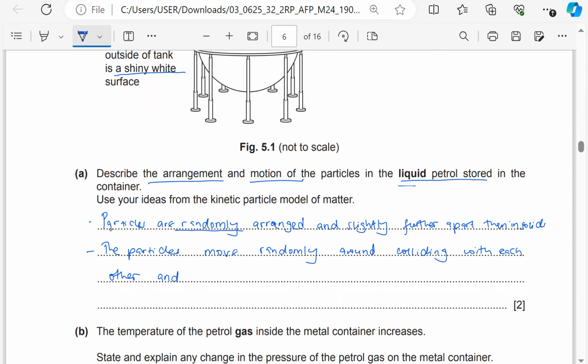So that is the movement. When it comes to motion, the particles move randomly around, colliding with each other and with the walls of the container. When it comes to arrangement, they have an irregular pattern and they are slightly further apart than in solids.